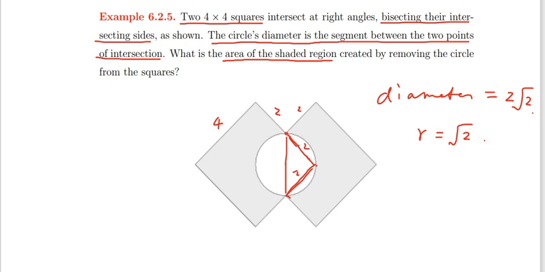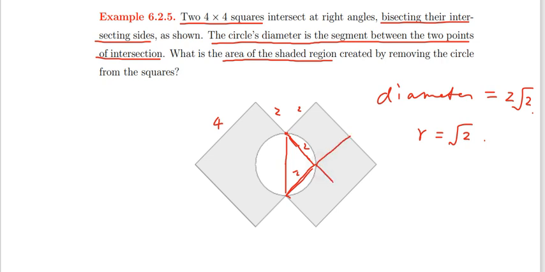Now we want to find the area of these two squares.